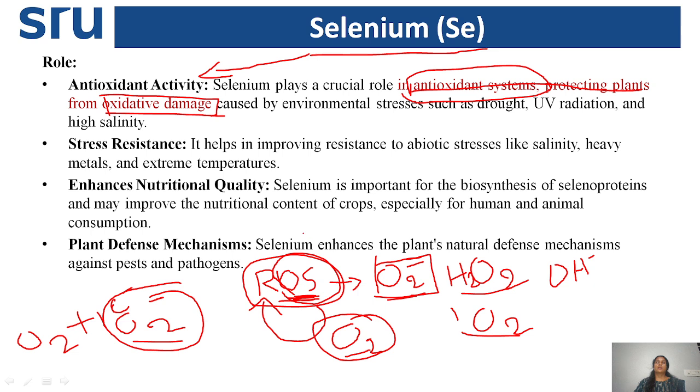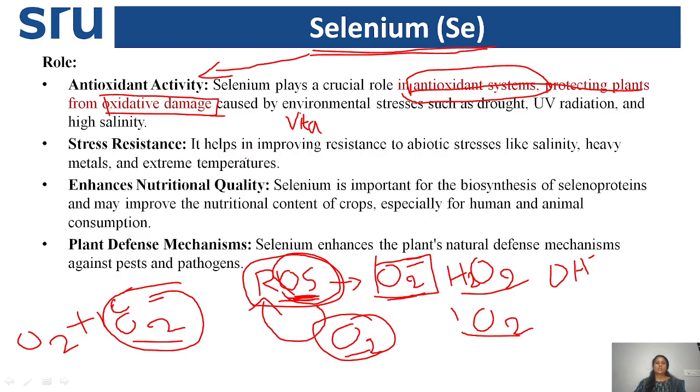Plants have enzymatic antioxidants like catalase, superoxide dismutase, and ascorbate peroxidase. Non-enzymatic antioxidants include carotenoids, vitamins, and some sugars, and selenium also acts as a non-enzymatic antioxidant.